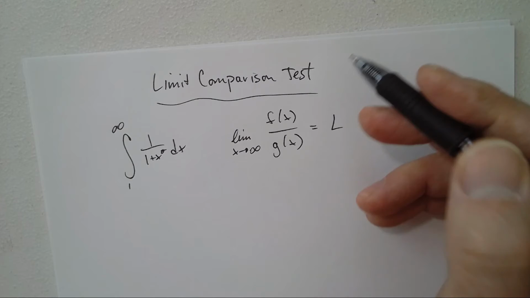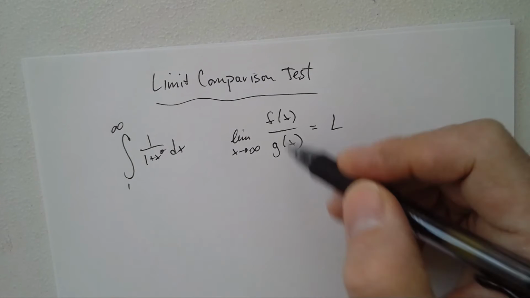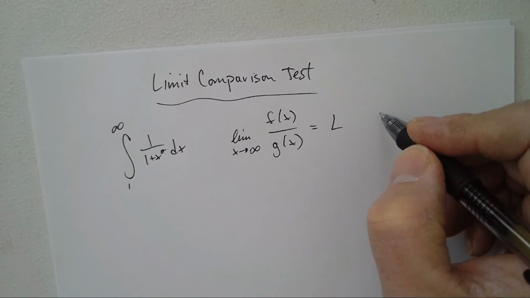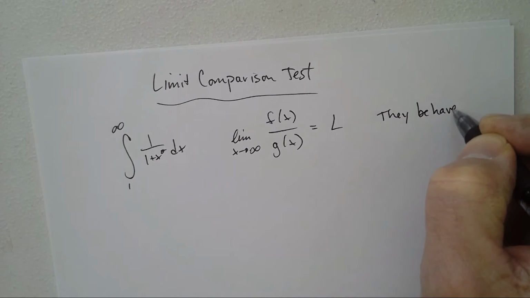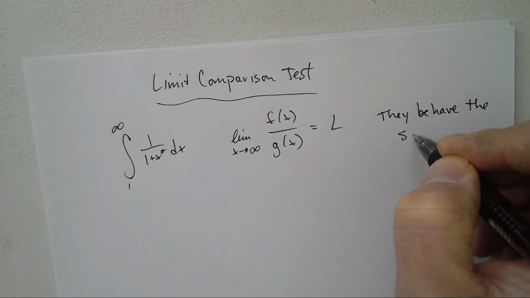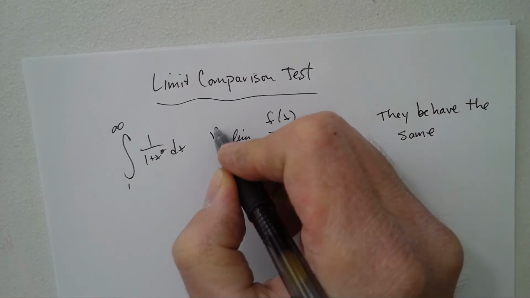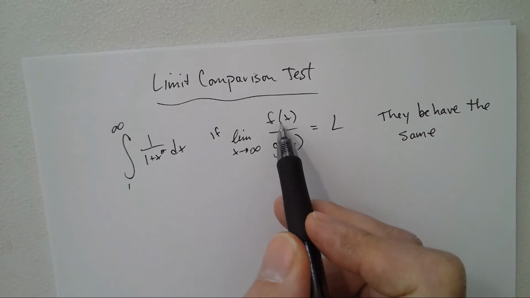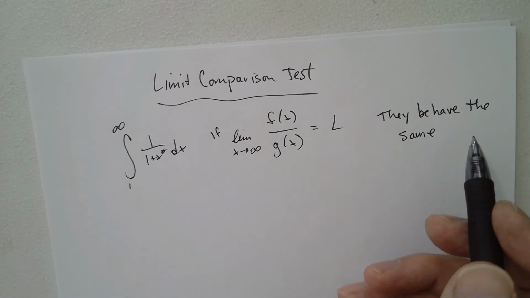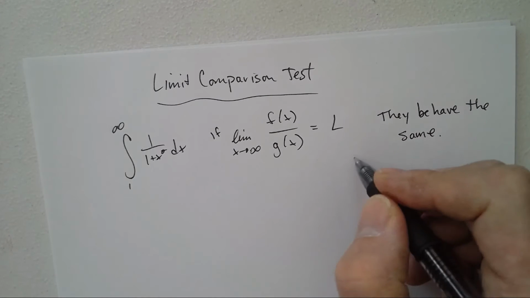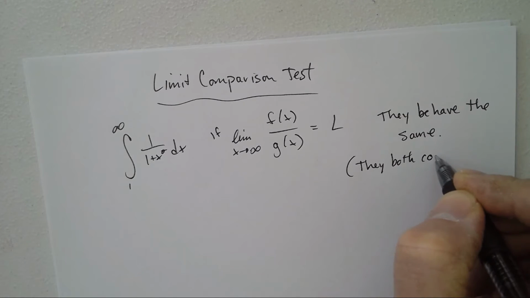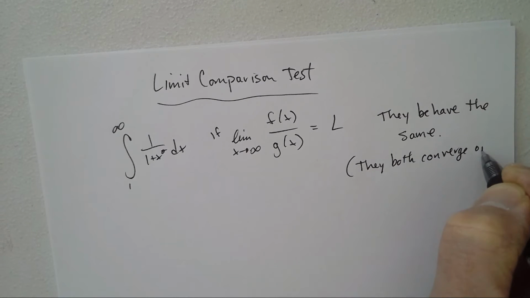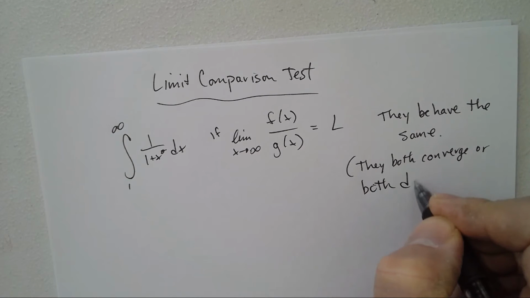So if they grow at the same rate, then you would say that they behave the same. So I guess if the limit of the one over the other is some number, they behave the same. So in other words, they both converge or both diverge.